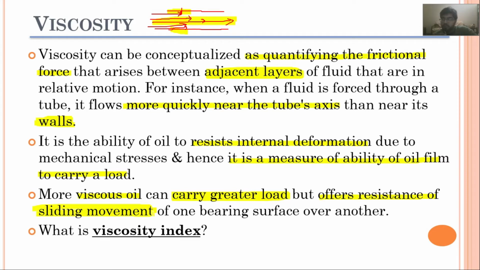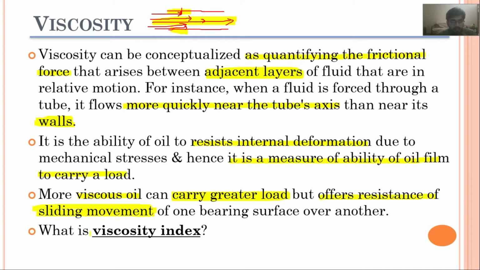So we have to ensure that we are utilizing the desired viscosity lubricant. If we are using a much more viscous lubricating oil, it will offer a higher resistance against the sliding movement.